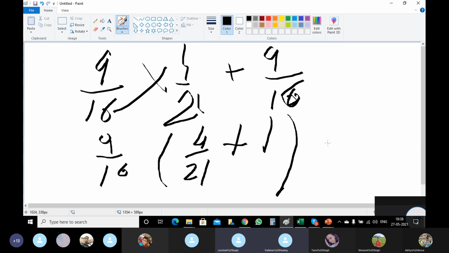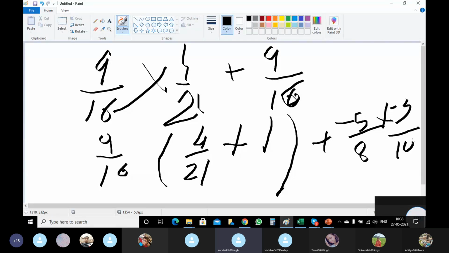Understood? Yes, ma'am. And then the rest is the same, that is minus 5 by 8 and plus minus 3 by 14. Understood? That is how to use the property here. Any confusion?